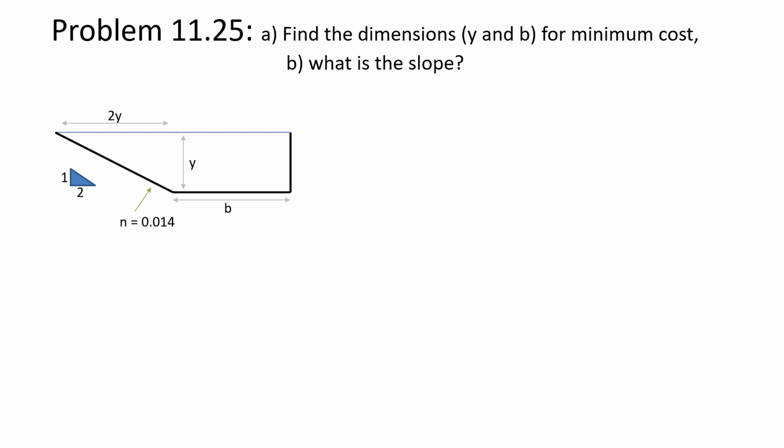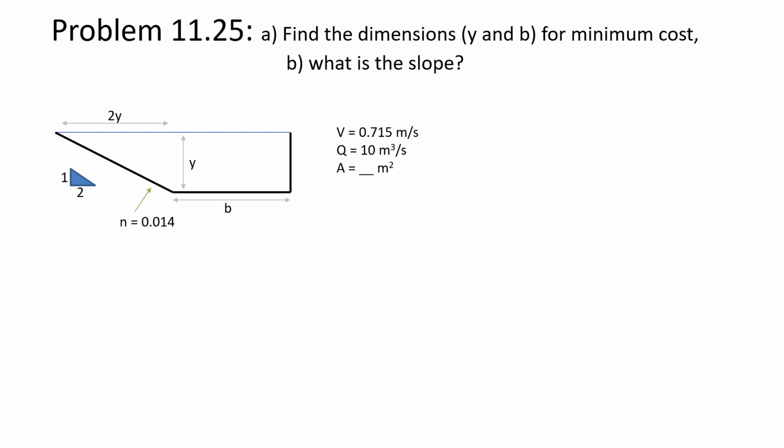All right, so for that shape, they want you to find out what does it have to look like in order to have a flow rate of 10 cubic meters per second and a flow velocity of 0.715 meters per second. So calculating the area that's required is pretty straightforward.